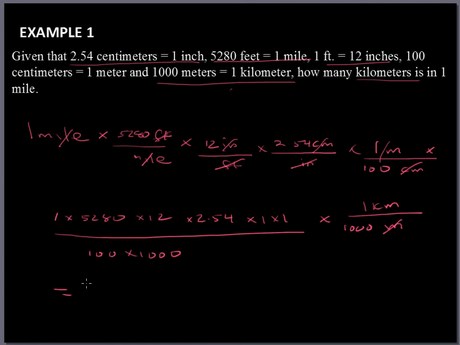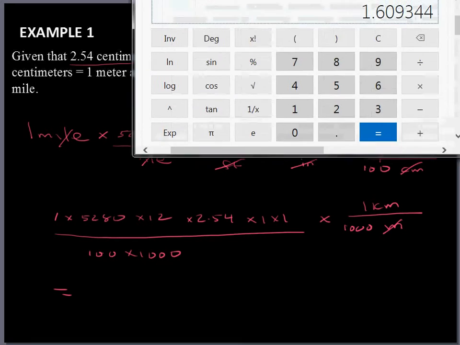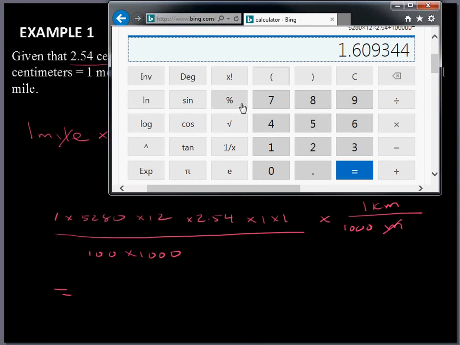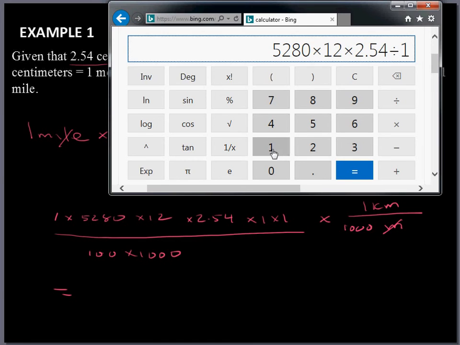And what is that equal to? So let's bring our calculator in the process here. And we have 5280 times 12 times 2.54. We're going to divide this by 100, and then 3 more zeros: 1, 2, 3.